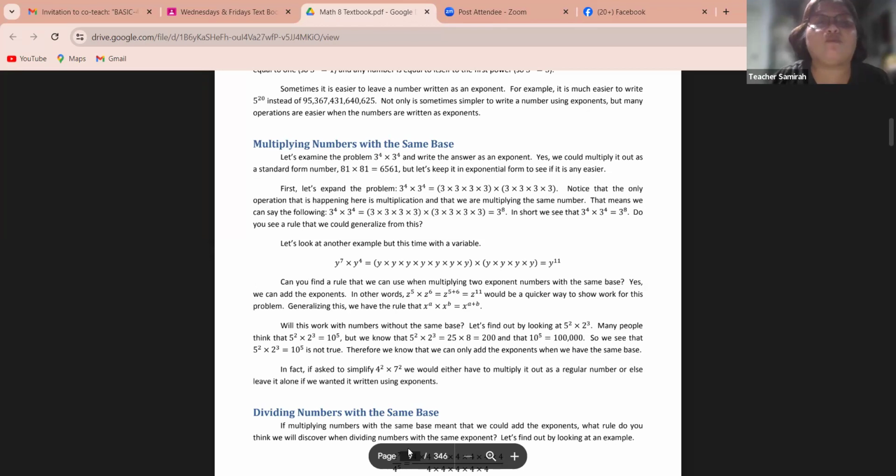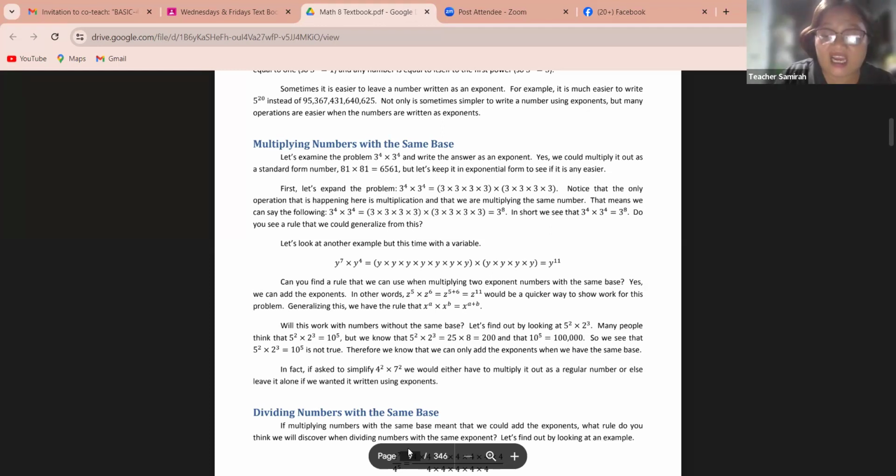How about if we multiply different bases? Then it will not be applicable for that one. So we will simply look for the same base.